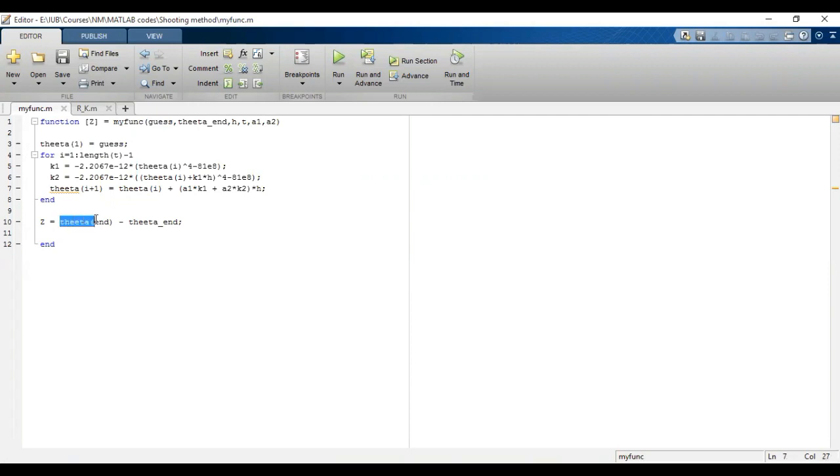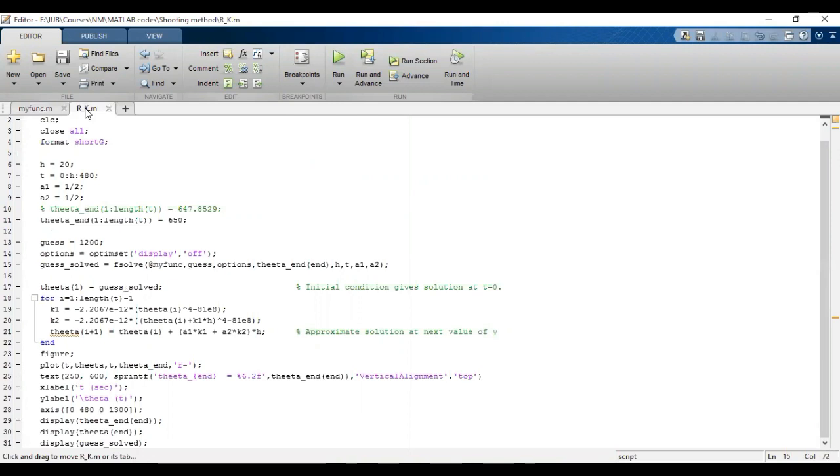So the final value of theta after solving this differential equation will be compared with my boundary condition, and that z must be minimized. So if that z is equal to 0, then that value of the initial condition will be the final value.